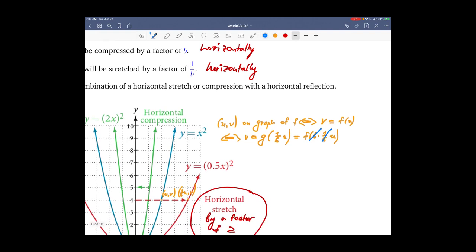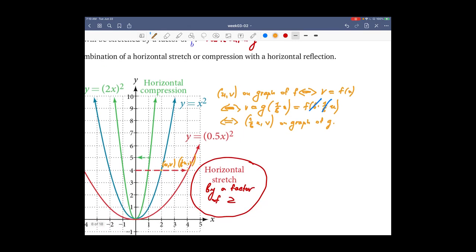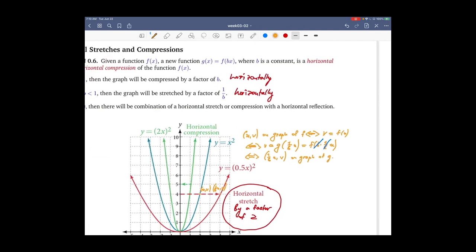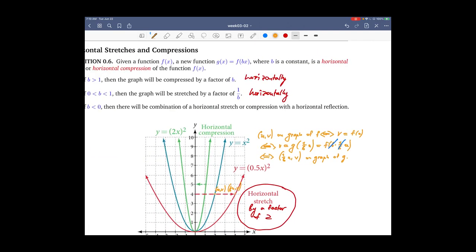Which is true. But this happens if and only if the point 1 over b u comma v is on the graph of g. So indeed, it's a horizontal stretch with a factor of 1 over b.